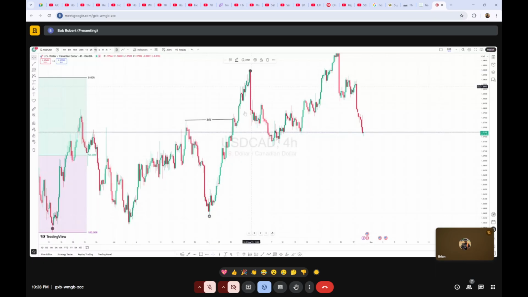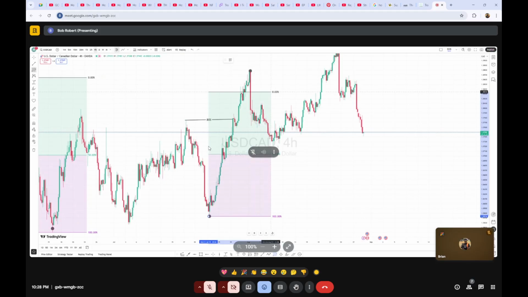Several, how do we call them? Demand zones. So in this case, we are looking forward to take a buy, right? We are looking forward to buy from a discounted level. So you just pick your fib tool, you pull it up.